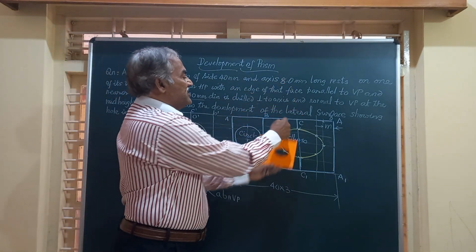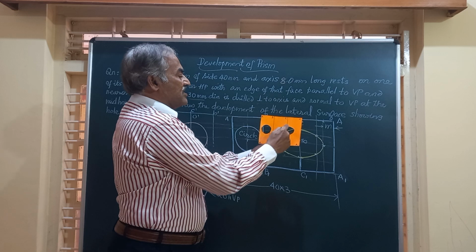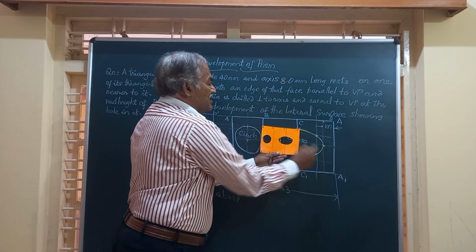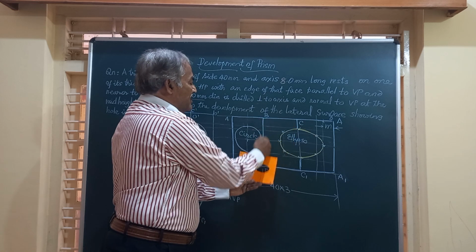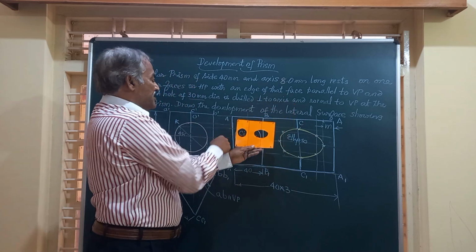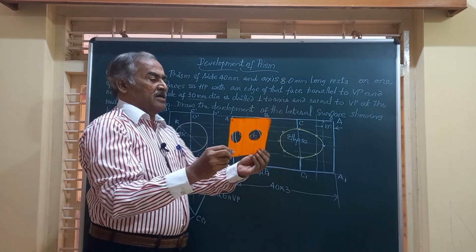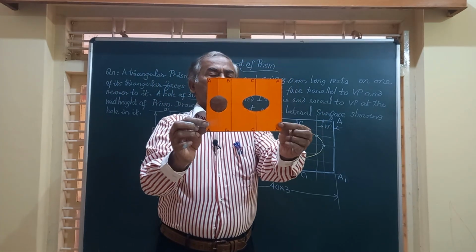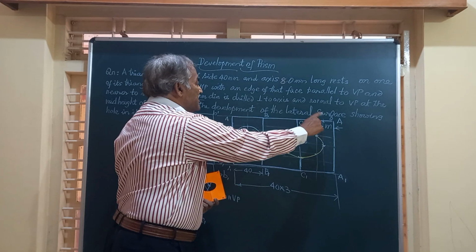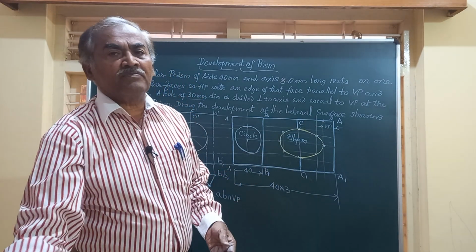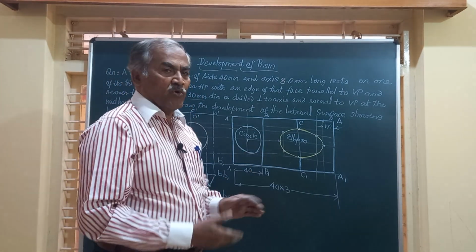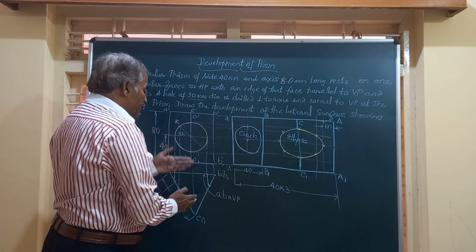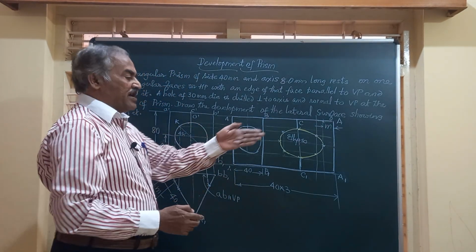So this portion is visible, I have shown by dark line. These edges I have shown vertical edge. This is the second vertical edge BB. This is the vertical edge AA. And the figure in the right end will give you the complete development of the triangular prism with a hole, and this hole is seen as a circle on the flat surface which is parallel to VP.